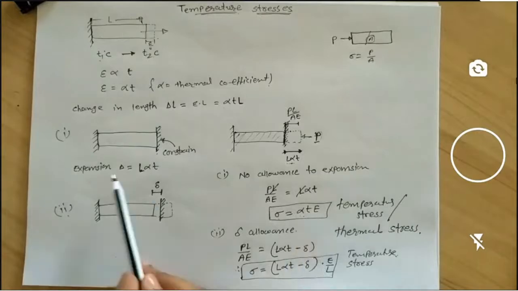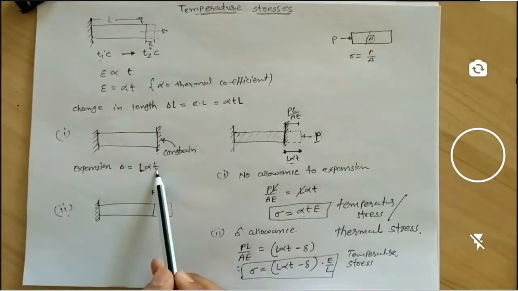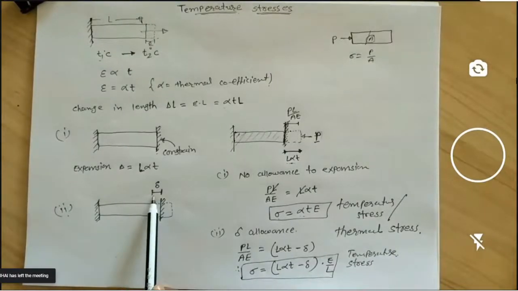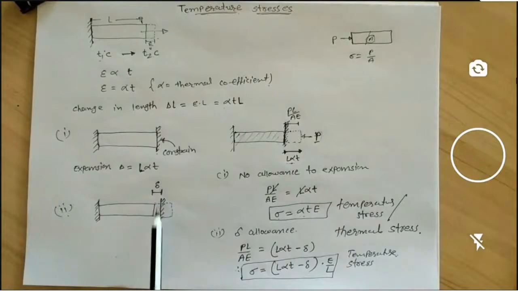Here total expansion due to the temperature is L alpha T. And if delta allowance is there, means some part of expansion is freely allowed and some part is restricted, then the stress generated in this element is according to this equation, because the delta portion is free to expand, so up to the delta portion there is no stress in this element.